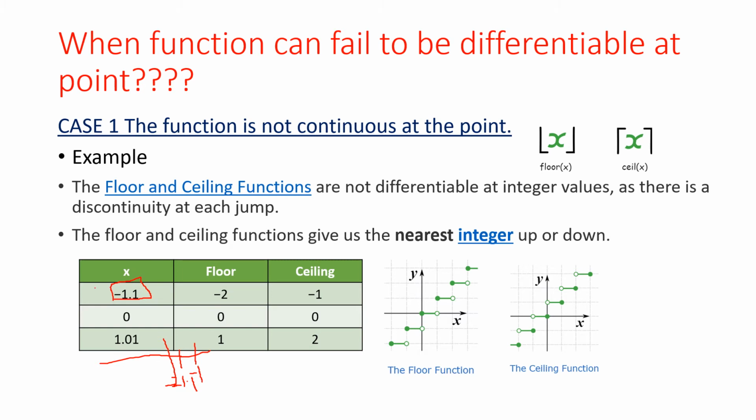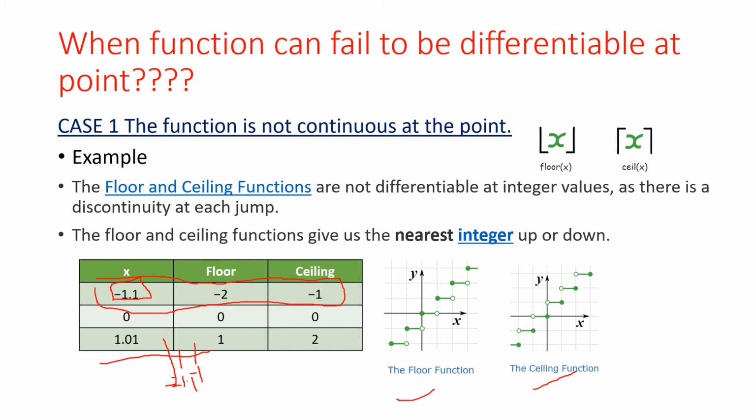I hope the definitions for floor and ceiling functions are clear, and you can easily plot the graphs for the floor and ceiling functions. As you can see, there is a jump or discontinuity at each integral point. You can observe one more thing: the floor function is left filled and the ceiling function is right filled.